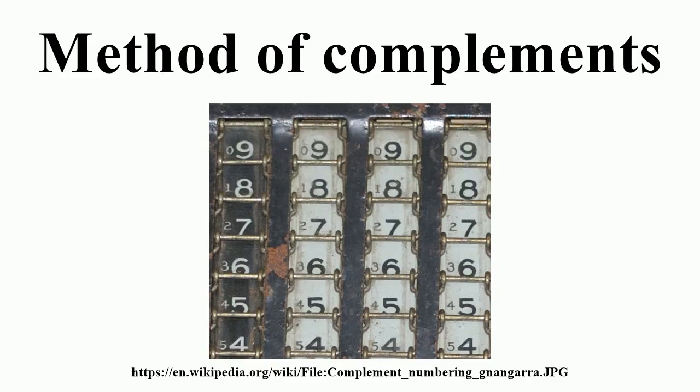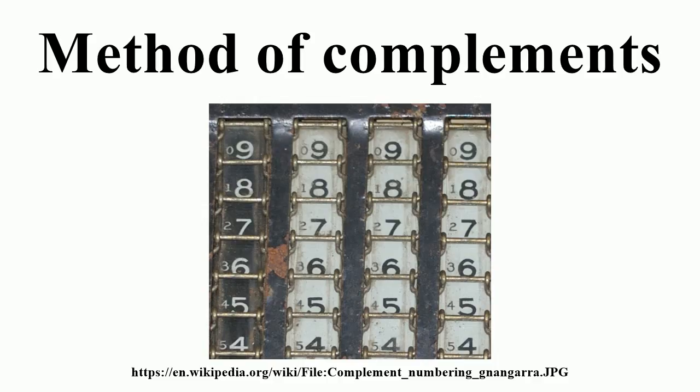Second, represent negative numbers as radix complements of their positive counterparts. Numbers less than half the radix power are considered positive, the rest are considered negative. This works best for even radices since the sign can be determined by looking at the first digit. For example, numbers in 10's complement notation are positive if the first digit is 0, 1, 2, 3, or 4, and negative if 5, 6, 7, 8, or 9.